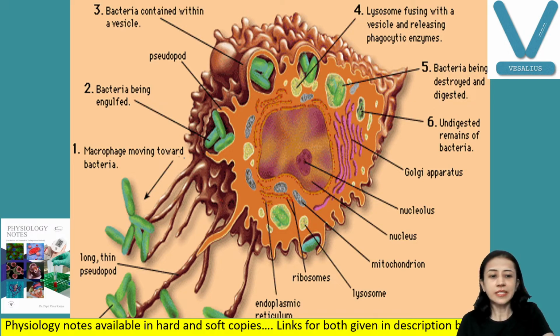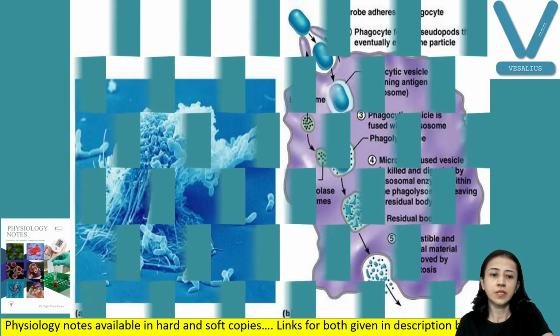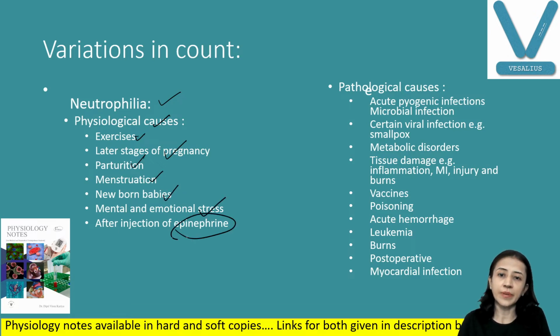Now, next is, this we have already discussed. This also we have already discussed, phagocytosis. Now, variation in the count of neutrophil means whenever there is infection, inflammation, the neutrophil count increases, that is neutrophilia. Certain physiological conditions are also concerned with the increase in neutrophil count. They are during exercise, late stages of pregnancy, parturition, menstruation, in newborn babies, in stressful situations, and epinephrine also increases neutrophil count.